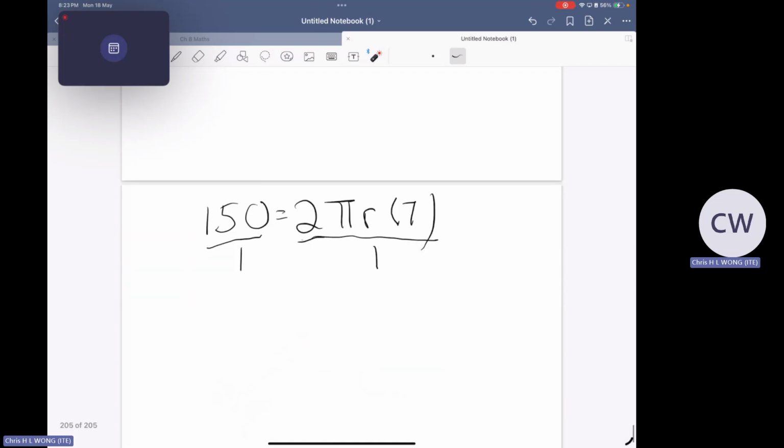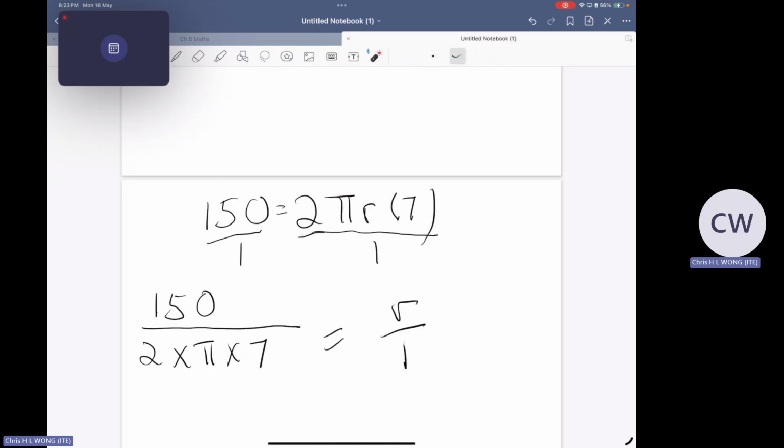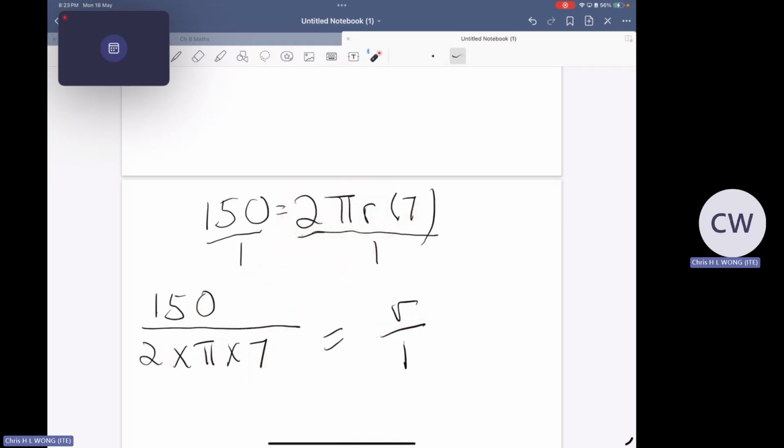So what do you have? 150 over 2 times pi times 7, and only r is left on the other side. This is called cross multiplication. You must know it very well.